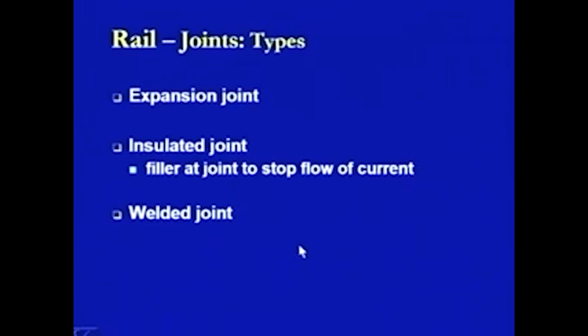Then there are welded joints. Welded joints are those joints where the two rail sections are joined together by using a weld. So, instead of fastenings like fish plates or fish bolts, we will be using welds. We will be looking at these welded joints in further detail.